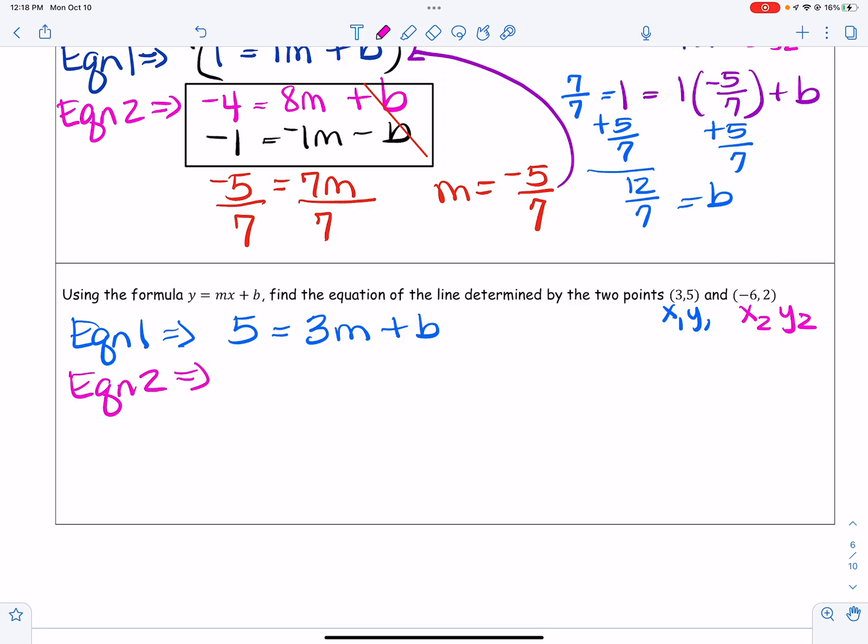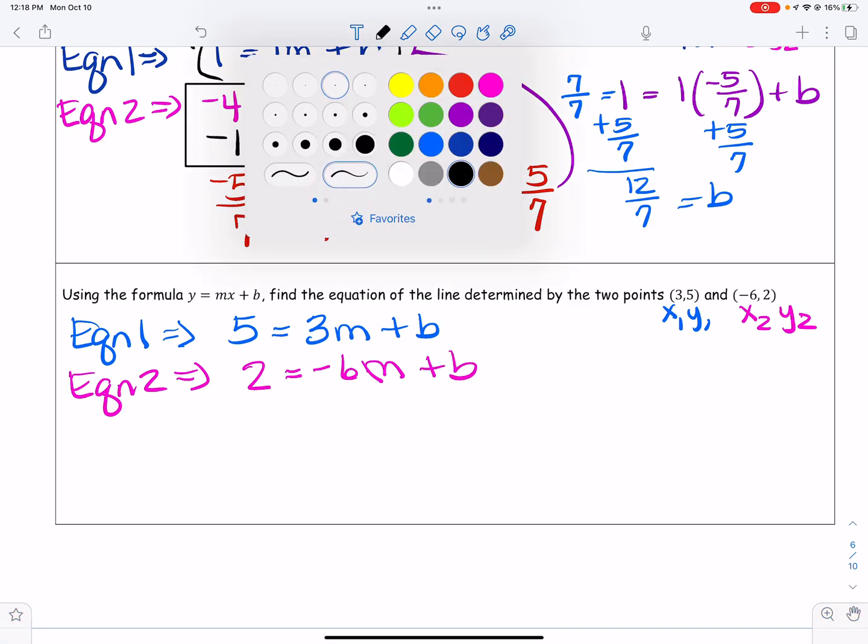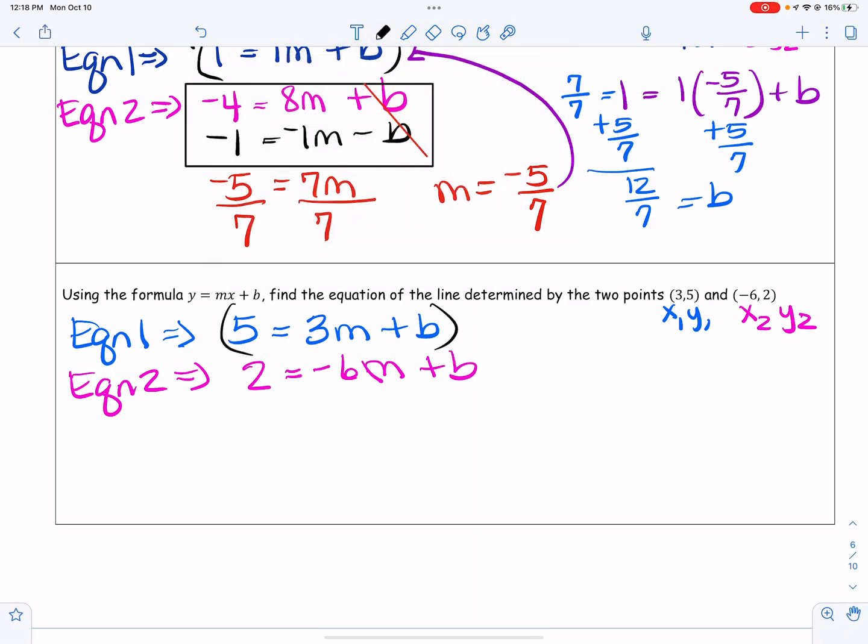So y is 2 equals negative 6m plus b. I'm always going to multiply that top equation by negative 1. So now I have negative 5 is equal to negative 3m minus b.